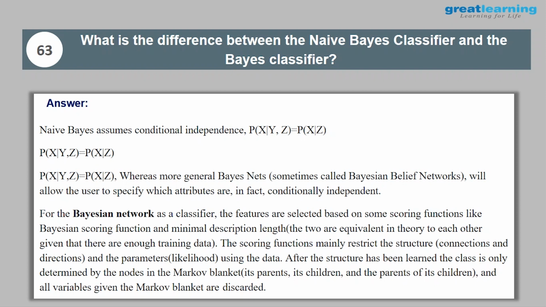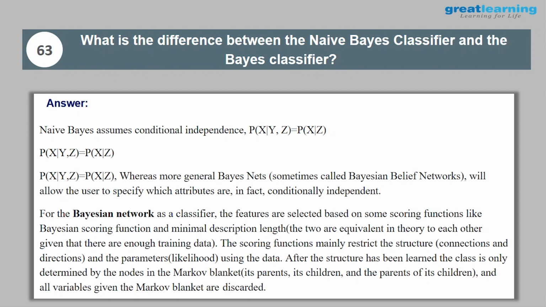Whereas the more general Bayes model, sometimes called Bayesian belief networks, will allow the user to specify which attributes are in fact conditionally independent. For the Bayesian network as a classifier, the features are selected based on some scoring functions, like the Bayesian scoring function and minimal description length. The two are equivalent in theory to each other, given that there is enough training data.